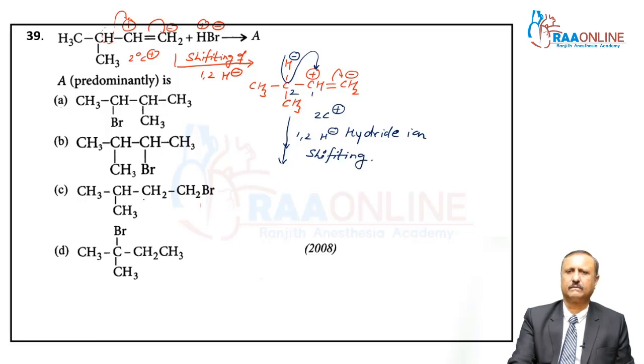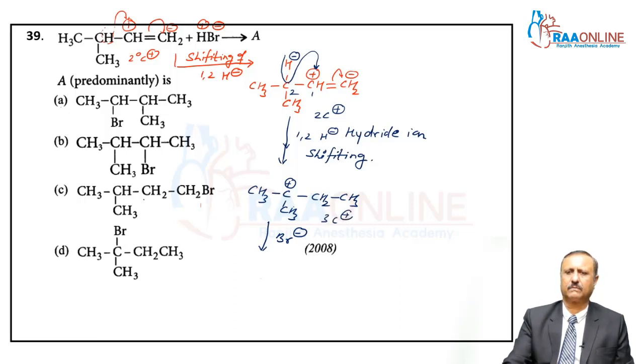Now, my dear students, when 1,2 hydride ion shifting occurs, you get the product CH3C plus CH3, CH2 and CH3. Now, Br is added on this tertiary carbocation.